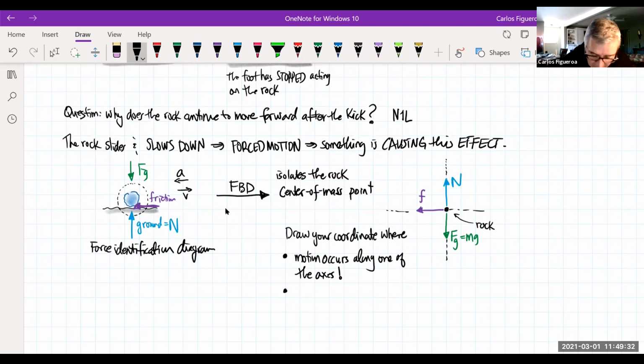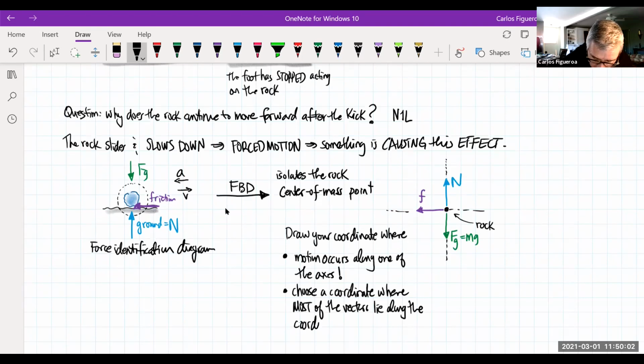And then two is that you choose a coordinate system where most of the vectors lie along the coordinate axes. And so, okay, so that's what that tells us here.